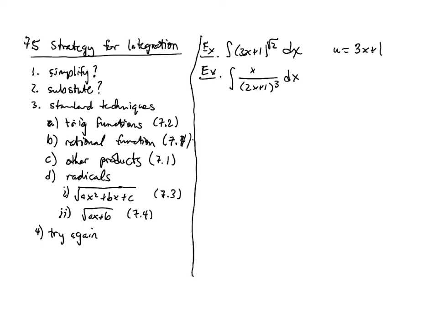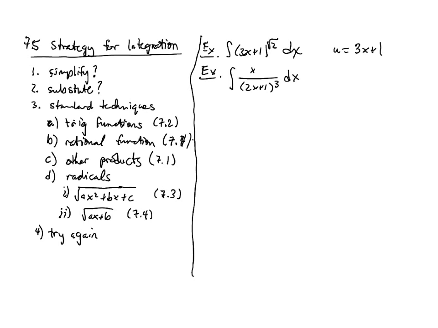By just multiplying out the (2x plus 1) cubed, you can divide through by the x and integrate that term by term. A substitution is not going to help here, because if you have stuff cubed down in the bottom, your (2x plus 1) cubed, you might try a substitution, but when you try du, which is just 2 dx, you're not going to get something that simplifies particularly nicely.